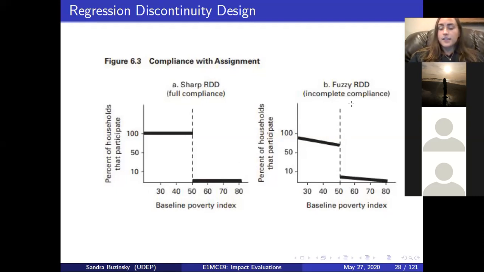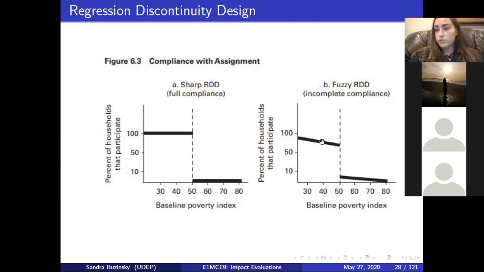The fuzzy RD is not perfectly deterministic because we have incomplete compliance. What does incomplete compliance mean? We talked about it with randomization. Basically, we have the problem that some people who are assigned to the treatment group, so if you're under 50, you should be treated, are not all receiving treatment, but most are.